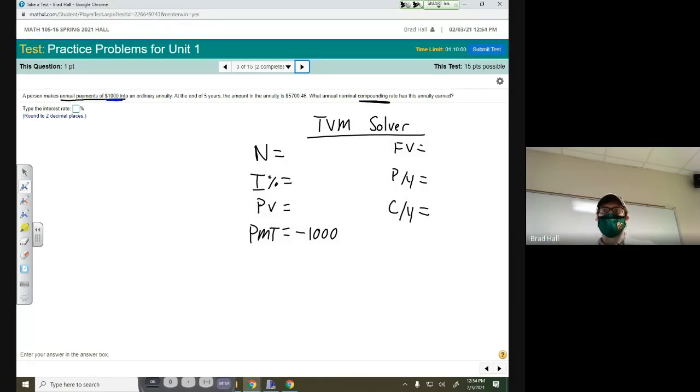So the negative is saying, I'm giving that money up, and the calculator is thinking, oh, okay, cool, I'll account for that. Because there are some situations in more advanced scopes where PMT could be positive, where the transfer of money is all going in the same direction, but we don't deal with that in this class. So you always want to put negative for PMT every time, no matter what.